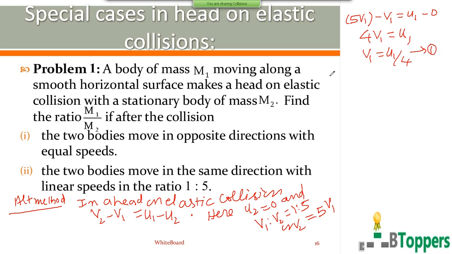That is one equation. And in any one-dimensional collision, we can write M1 V1 plus M2 V2 equal to M1 U1 plus M2 U2. So here you can substitute V1 equal to U1 by 4, V2 is 5 times V1, which means 5 U1 by 4.